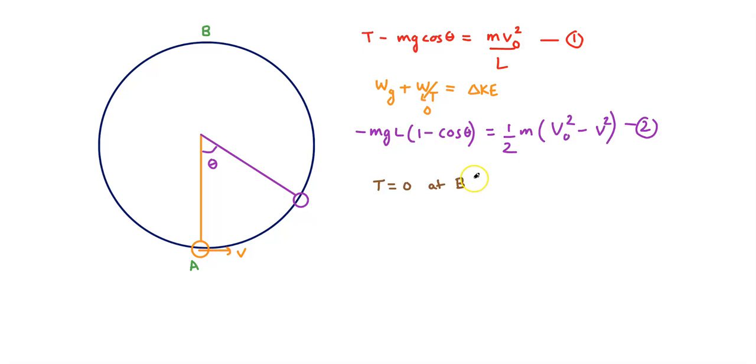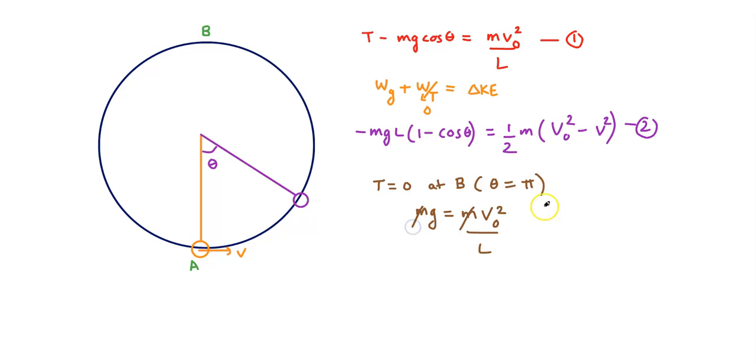So let's see what we get when tension equals 0 at point B. And what is true at point B? Well, theta would equal pi radians, right? So 0 minus mg cos pi, so that's mg, must equal mvo squared by L.